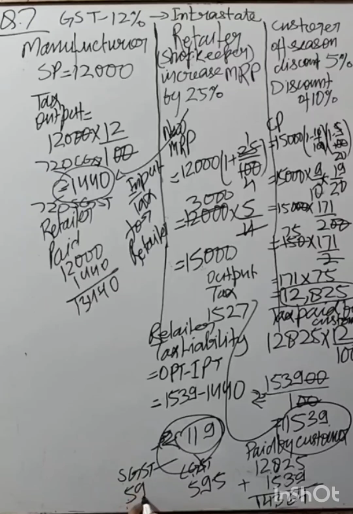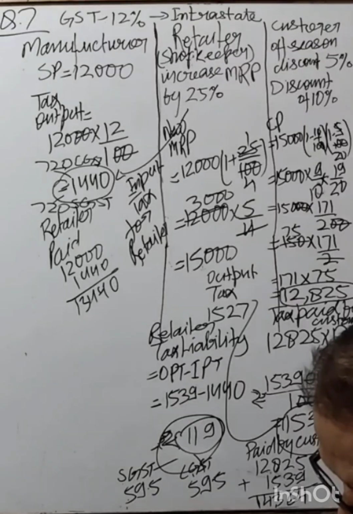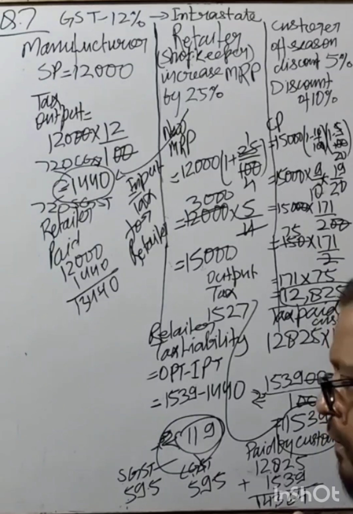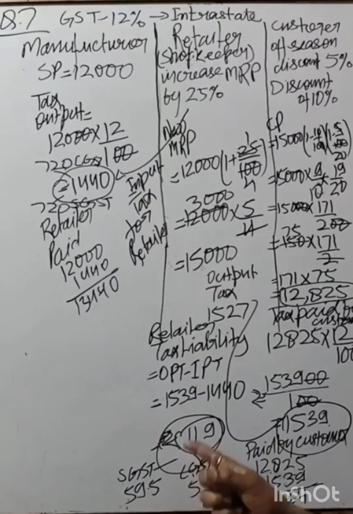Now what is it asking for? The amount of tax under GST paid by the shopkeeper to the state government. So the retailer will pay 59 rupees 50 paisa. How much is coming? 49.5.